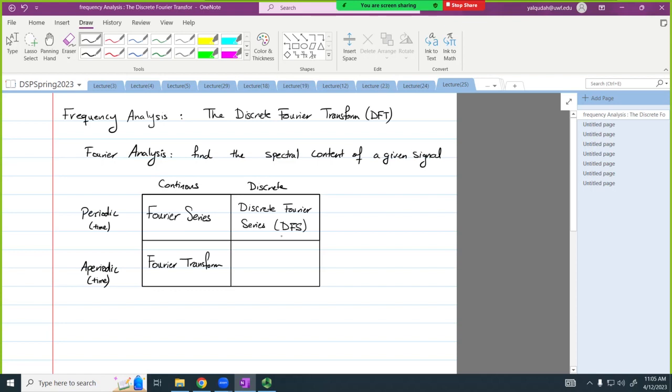And if the signal is aperiodic and discrete, what is the tool that we have already seen? Discrete time Fourier transform. Excellent. So this is Fourier series. This is Fourier transform. Discrete Fourier series and discrete time Fourier transform.